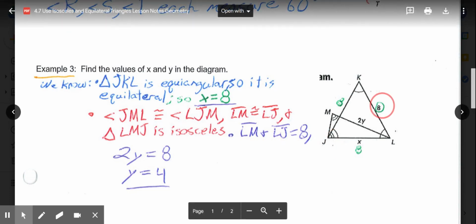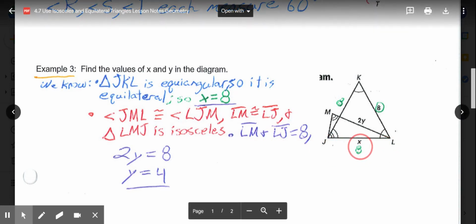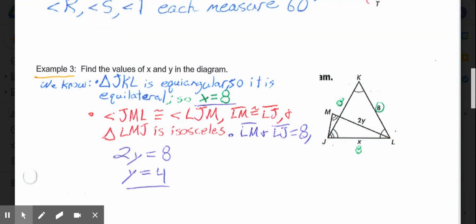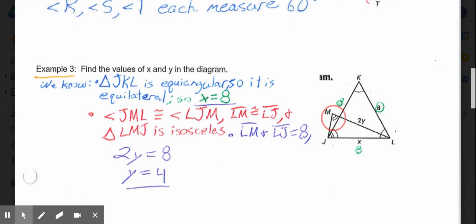So if one side of that is 8, all sides of JKL have to be 8. So x in this case, the distance from J to L, is also 8. And then what else do we know? We know angle JML, so right here, is congruent to angle LJM right here.